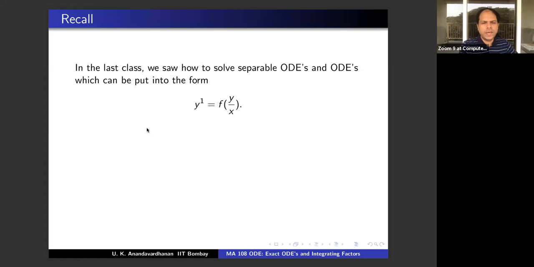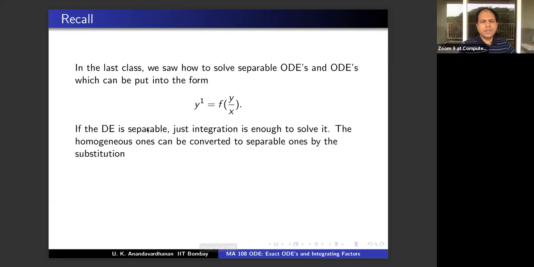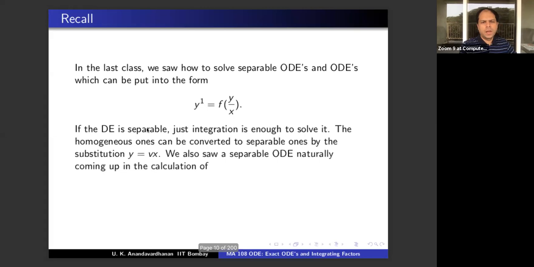Then y equal to vx does the job. So if the DE is separable, how do you solve? Just integrate, nothing more. Otherwise, homogeneous can be converted to separable by the substitution y equal to vx, and then you are in separable and you know how to solve separable.